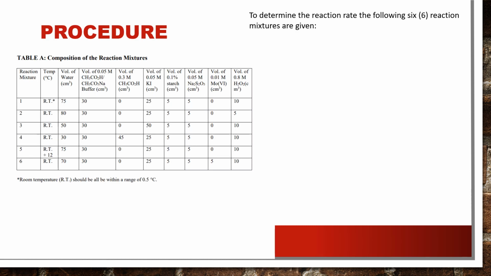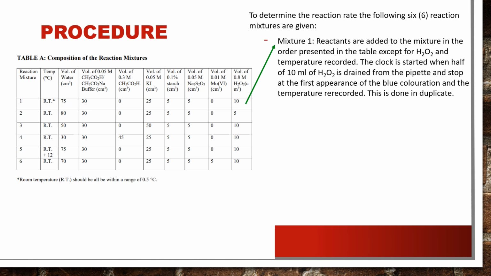If this lab was done face-to-face, you would have been required to make up 6 reaction mixtures whose composition and temperature is shown in the table on the slide. To make up reaction mixture 1, you would be required to add the reactants in the order represented in the table except for hydrogen peroxide.